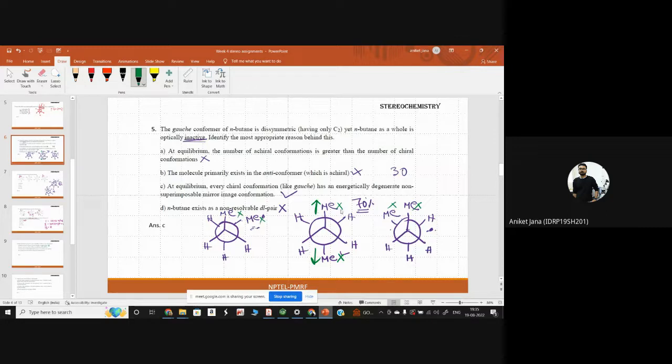So in case of the anti-conformer, they are opposing each other, right? And they are cancelling out each other, right? But in case of the gauge conformer, they have a significant resultant value. So definitely in case of the gauge and the anti, the dipole moment value will be same or different.